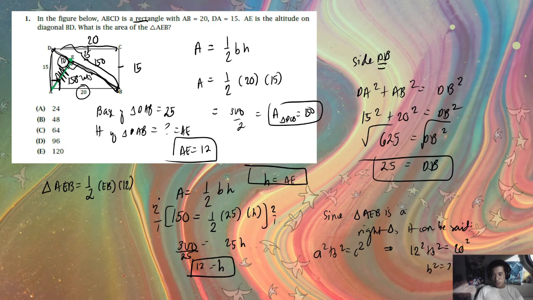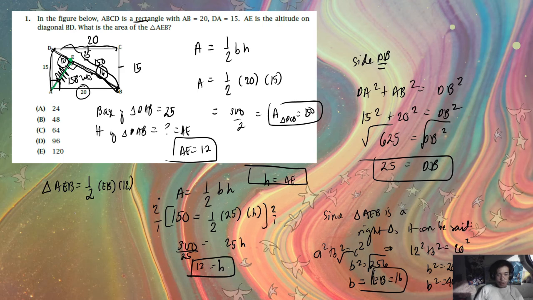So b squared is equal to 20 squared minus 12 squared, which is 400 minus 144. That gives us 256. If you take the square root of both sides, the value of b, which is EB, is the square root of 256, which is just 16. There you go. So EB is equal to 16.